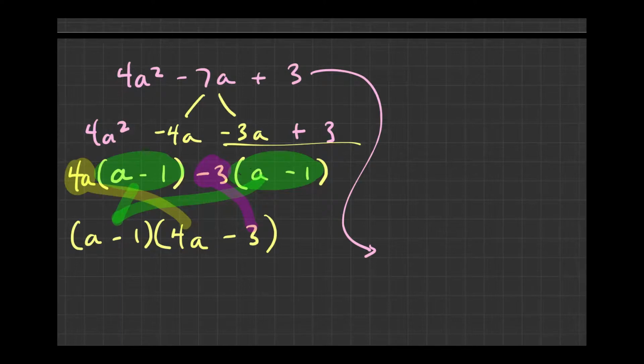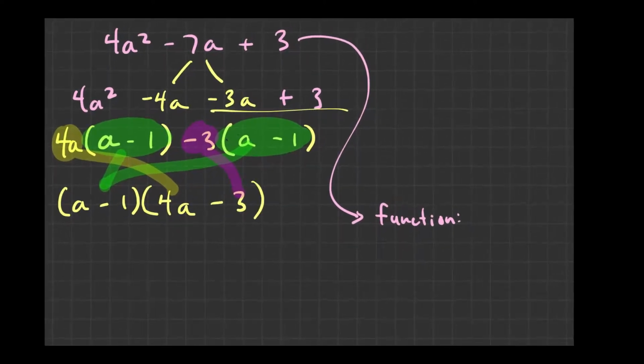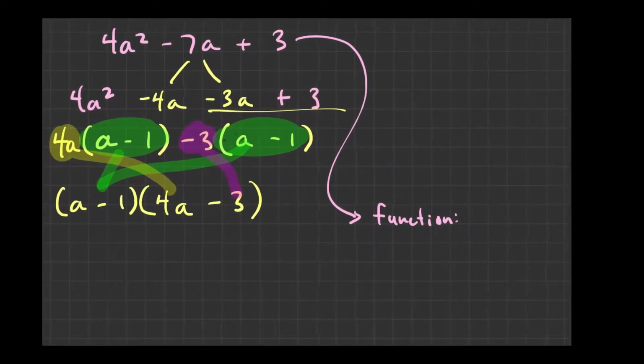So I'm going to turn this into a function of x. This is going to be the function 4x squared minus 7x plus 3. So it's the same quadratic. I just changed the variable and I set it equal to a function, right? Let's have a look at what this function is going to look like.